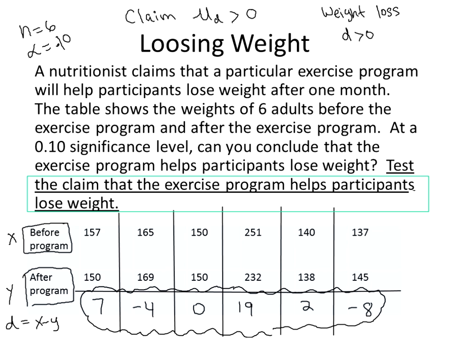You have to go through the appropriate hypothesis test to see if there's a significant difference, to see what kind of conclusions you can make about your population. So what is your inference on the population parameter? In this case, the exercise program does not help participants lose weight.